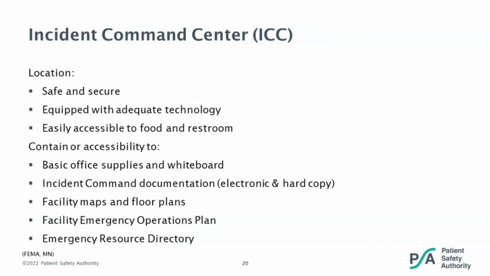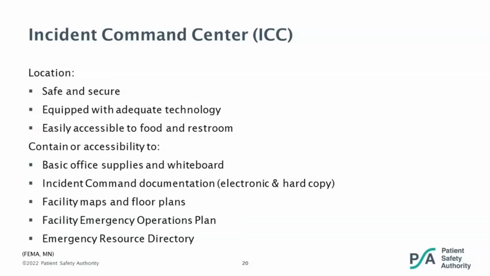Hard copies of the emergency response and crisis communication plans, and also your telephone list, your contact list. It should also contain facility maps and floor plans to note the location of fire extinguishers, emergency shutoffs for utilities, that sort of thing. It should contain your facility emergency operation plans, including all emergency procedures.